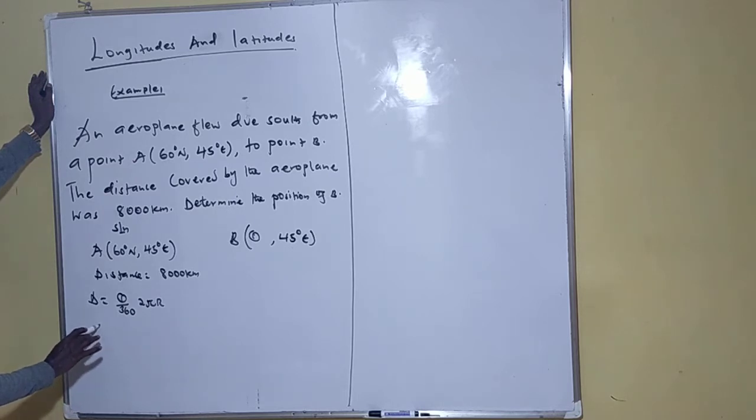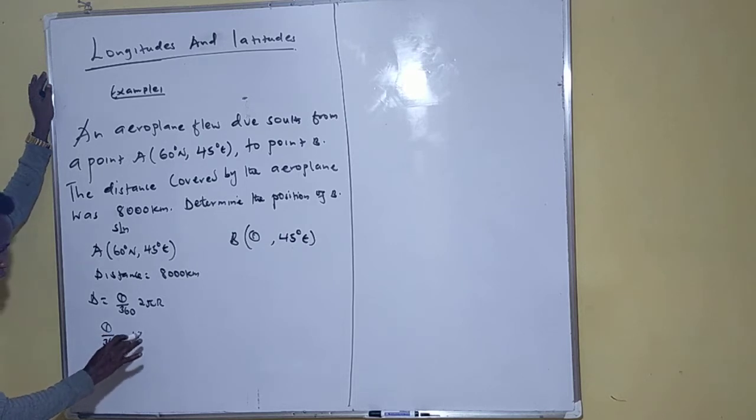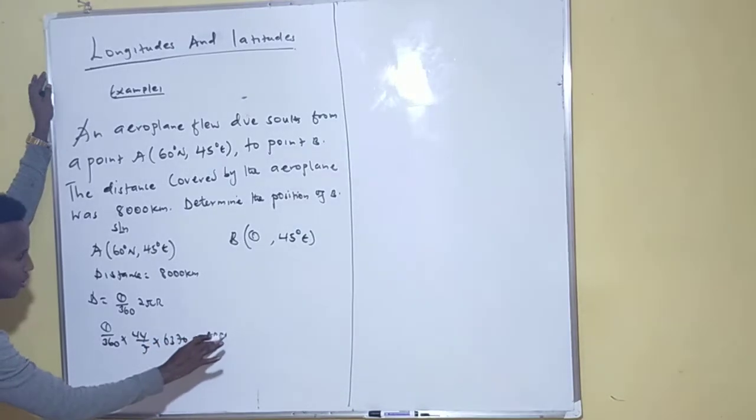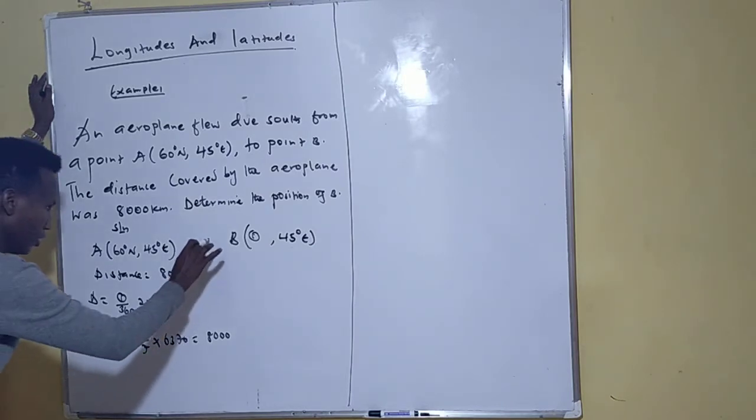So I'll say theta over 360, I don't have theta, times 44 over 7, which is 2 pi, times r, which is 6370, is equal to 8,000.